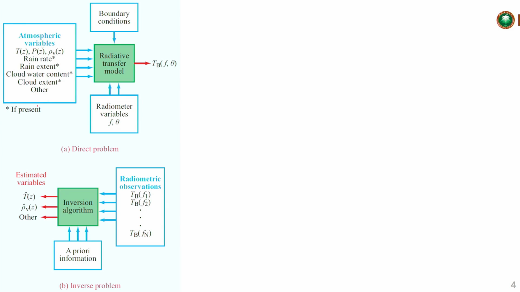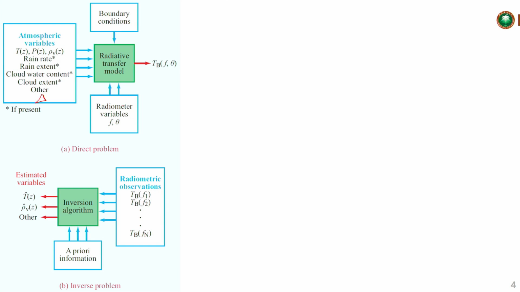So the first input is the atmospheric variables, such as the temperature profile, the pressure profile, the density profile, and also if there are weather effects, the rain or snow rate, and the cloud water content and other components, together with the inputs for the radiative transfer model.